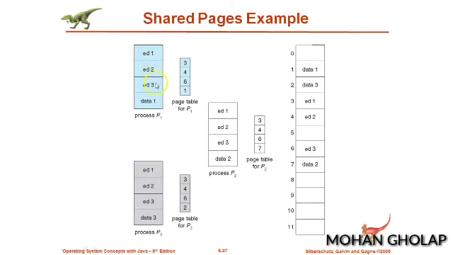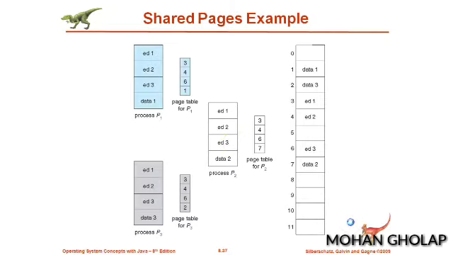Only one copy of these editors will be present in the physical memory, and one copy of each private data will be present in the physical memory. Every process keeps its own view of these editors, and whenever they want to update, they will update the process data through these editors. In this way, only one copy of these editors is present in the physical memory, but every process keeps its own reference to them. In this way, the shared pages can be used.